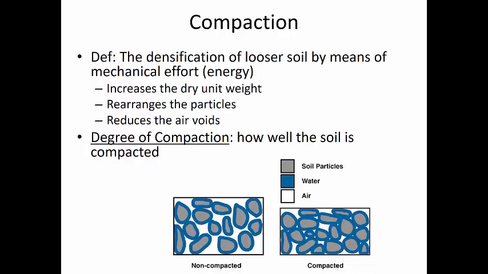You can see the water is surrounding the soil particles, which is often the case. There's surface tension and surface attractions of the soil particles that attract that water. And when you have large void space, then there's air in the other spots. And when you densify it more than its loose state, then you can see that the void spaces have been reduced, but the water and the soil particles remain the same.